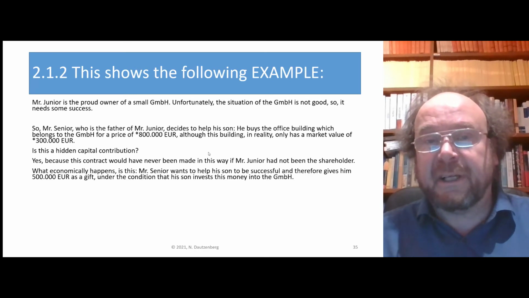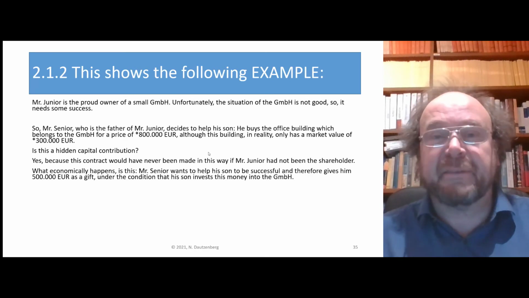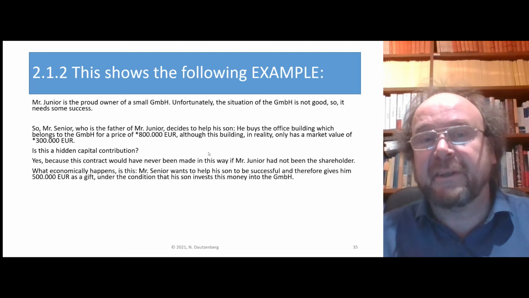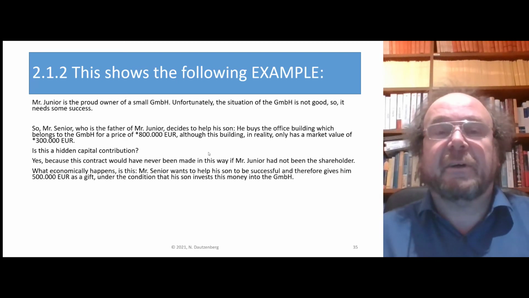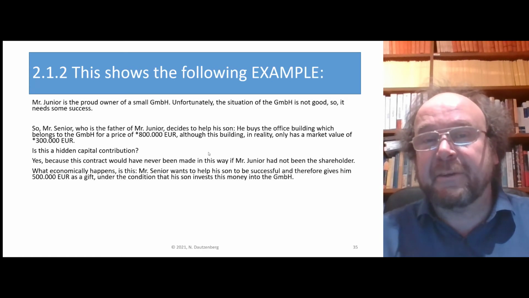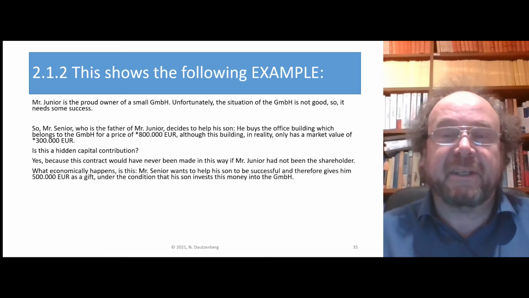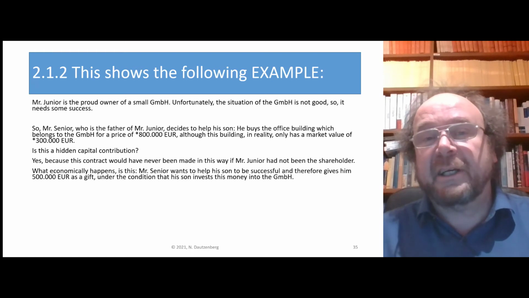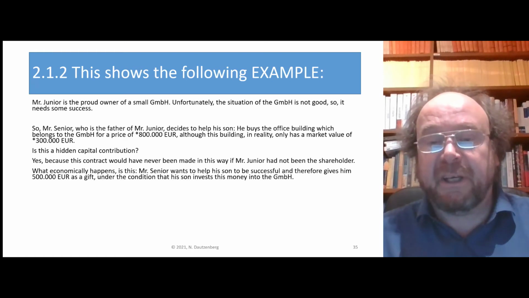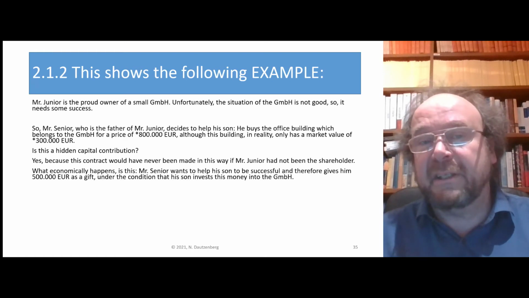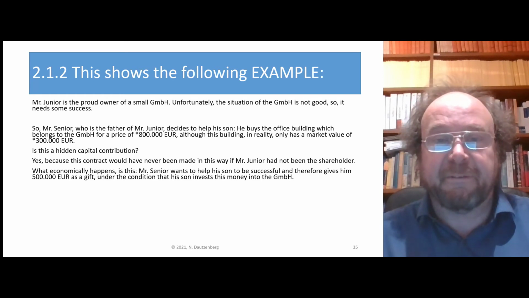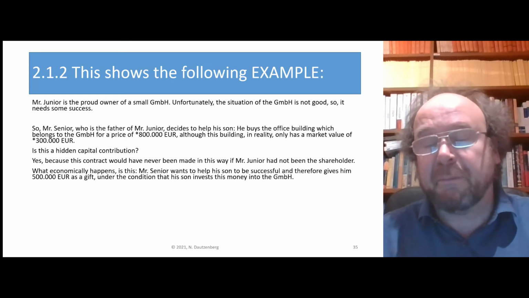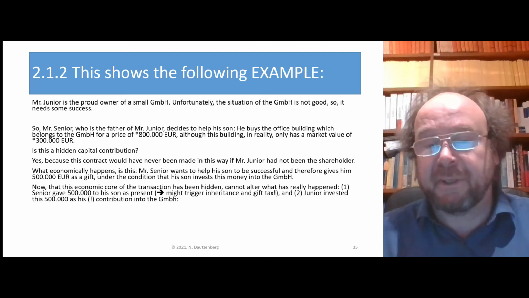What economically underlies the transaction is nothing else than Mr. Senior wants to help his son, to make him a donation, a gift of 500,000, under the condition that the son invests that money into the GmbH, and they abbreviate the way of payment just by immediately pushing undercover these additional 500,000 into the GmbH by paying too high a price for that house.